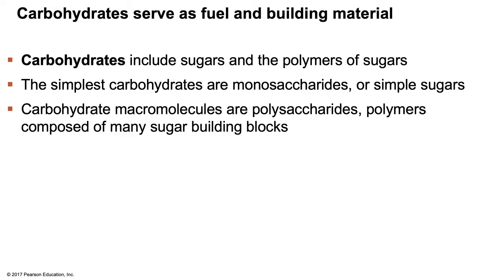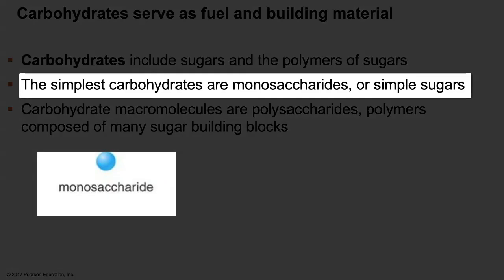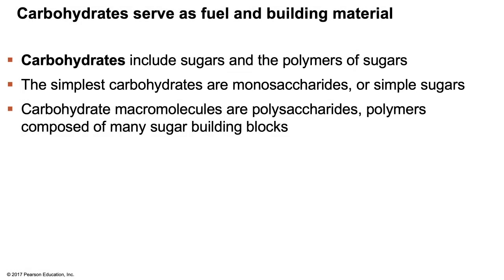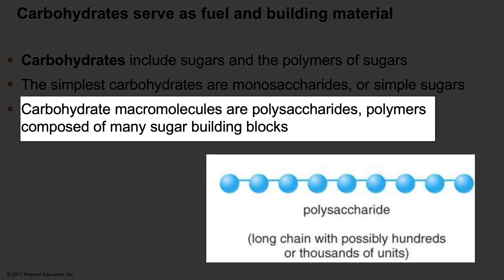And we have a couple of terms to learn for carbohydrates. Monosaccharides are simple sugars. They are the monomers for the carbohydrate macromolecule. Polysaccharides are the macromolecules.